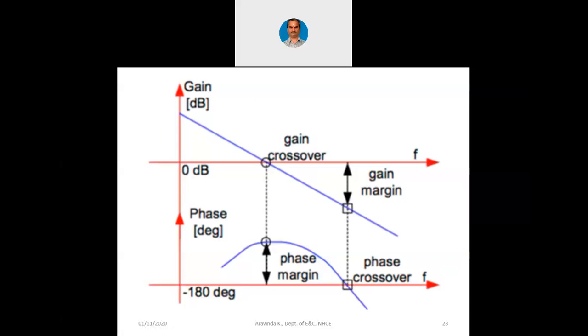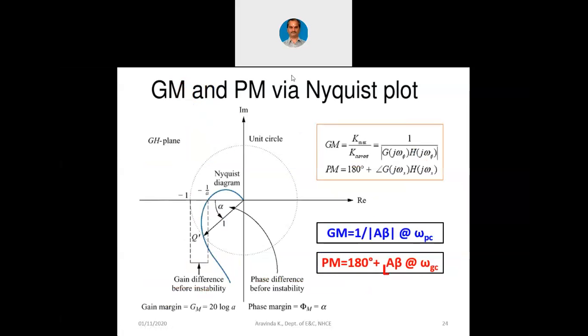Now based on that, I have the last slide where GM and PM in the Nyquist plot is defined. In the Nyquist diagram, you have a gain margin and a phase margin. Here you can see gain difference before instability, that you can see because the -1 point is here. So within that -1 point, amplifier is stable.